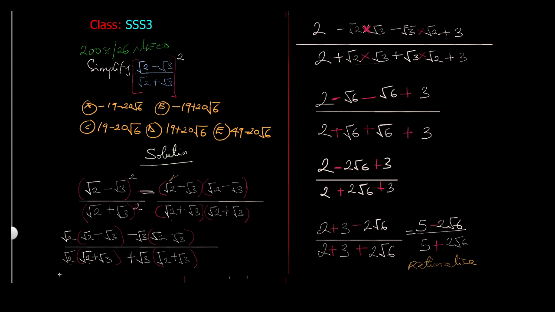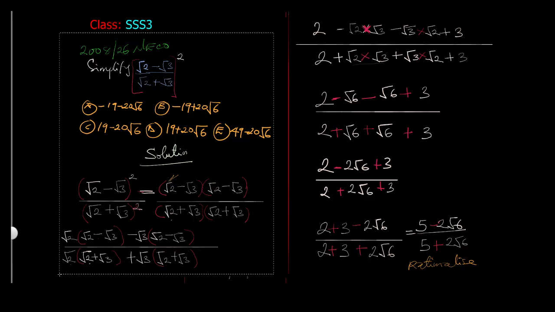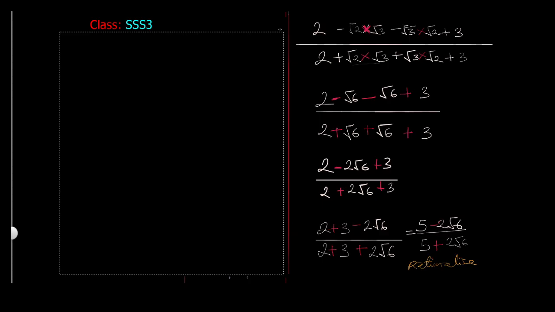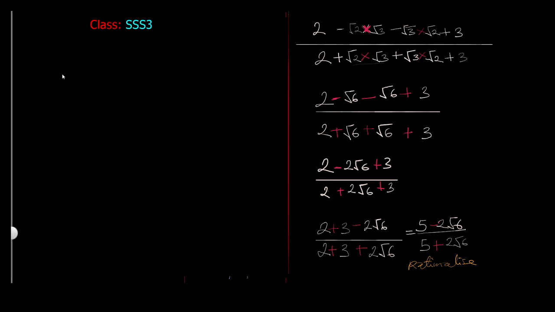Let's delete this. Let's write it out. That was 5 minus 2 root 6, all over 5 plus 2 root 6.